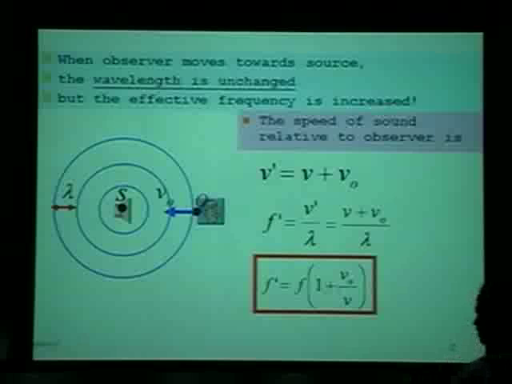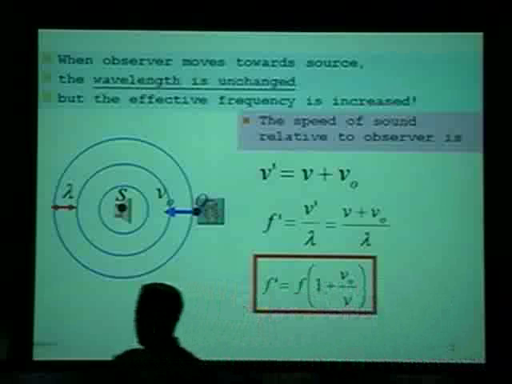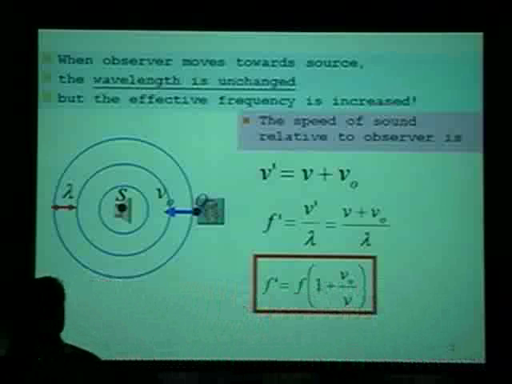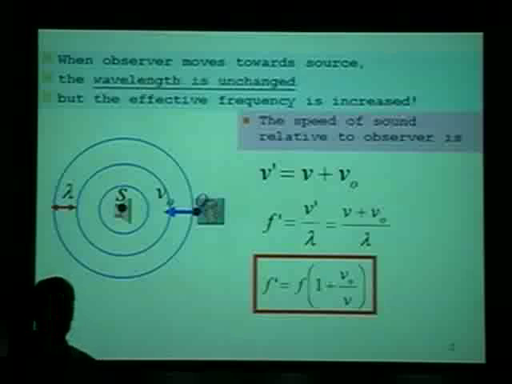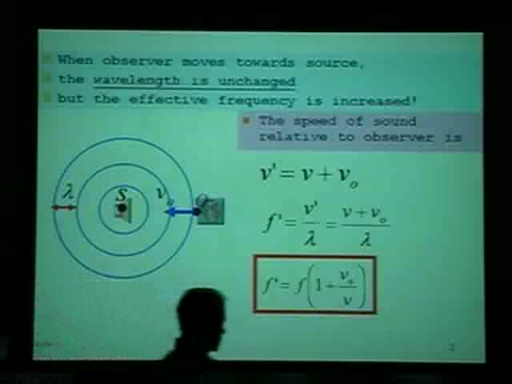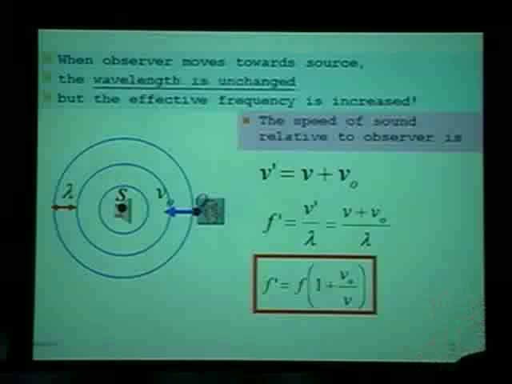So instead of hearing 400 hertz, I might hear 440 hertz. On the chromatic scale, that could be 2 notes. So instead of F on the chromatic scale, I would hear A. That would be at 60 miles per hour, if I were moving at 60 miles per hour toward that source. So it goes up 2 notes on the chromatic scale.